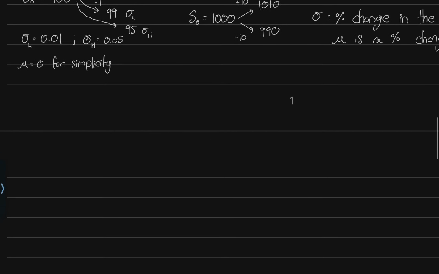Cool. So what does that mean for mean returns? Well, in the same way that we did for mean returns, we multiplied our mean return constant by our stock price. We're going to do the same thing with volatility.